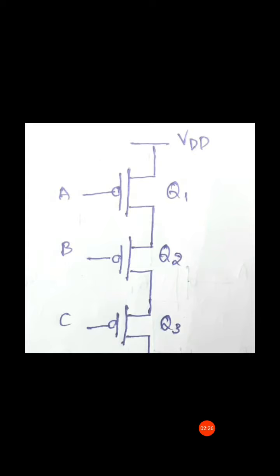And this one is regarding PMOS transistors, and NMOS transistors should be connected in parallel. So A, B, C, that is Q4, Q5, Q6. Previously we have seen Q1, Q2, Q3. Here we are seeing Q4, Q5, Q6. So all the NMOS transistors are connected in parallel here, right?